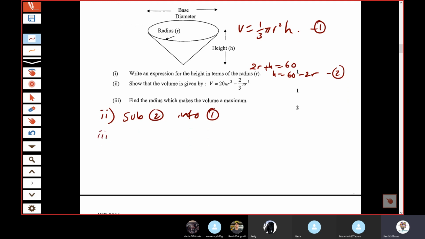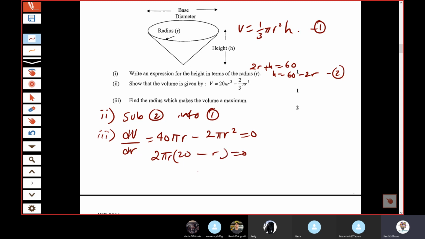Triple I. Maria, you're okay with double I? You got it out? Yep. dV on dr equals 40 pi r minus 2 pi r squared. I think most of you took out a 2 pi, and then you got 20 take away r. 2 pi r equals 0, r is 0, r is 20, and then the max.